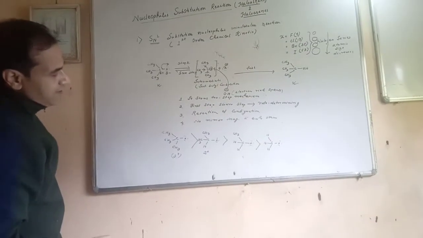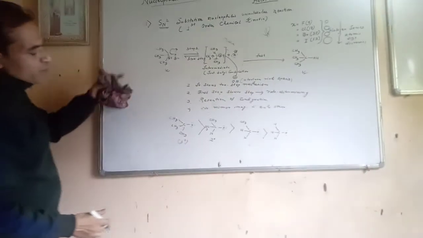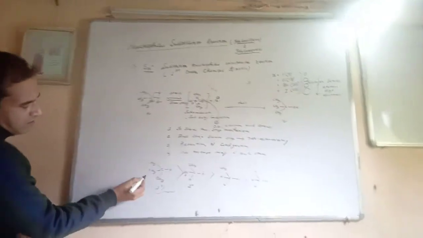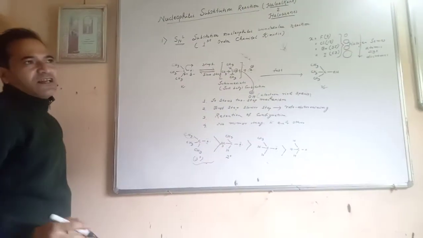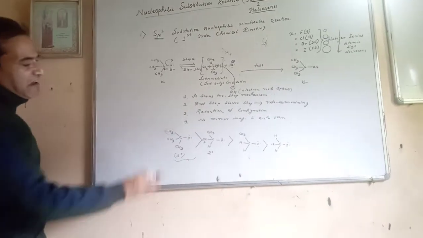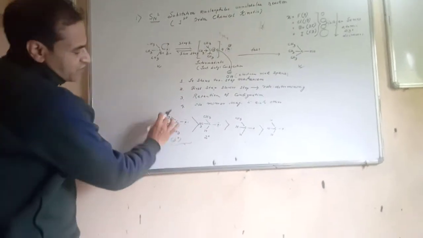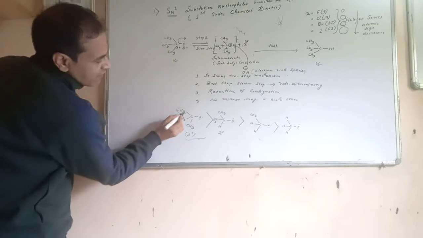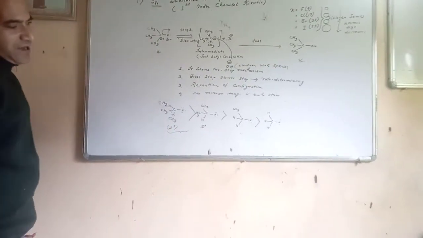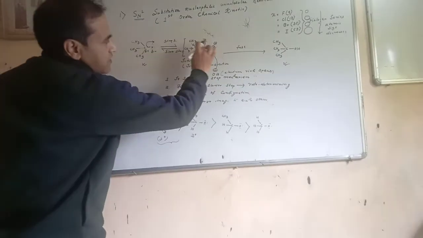So what do you find in the SN1 reaction? More substituted alkyl, any alkyl, methyl, propyl, butyl, pentyl, phenyl, anything. If you substitute the more bulky group, and that has to be an electron donating group. If it is donating, this is going to stabilize the carbocation.